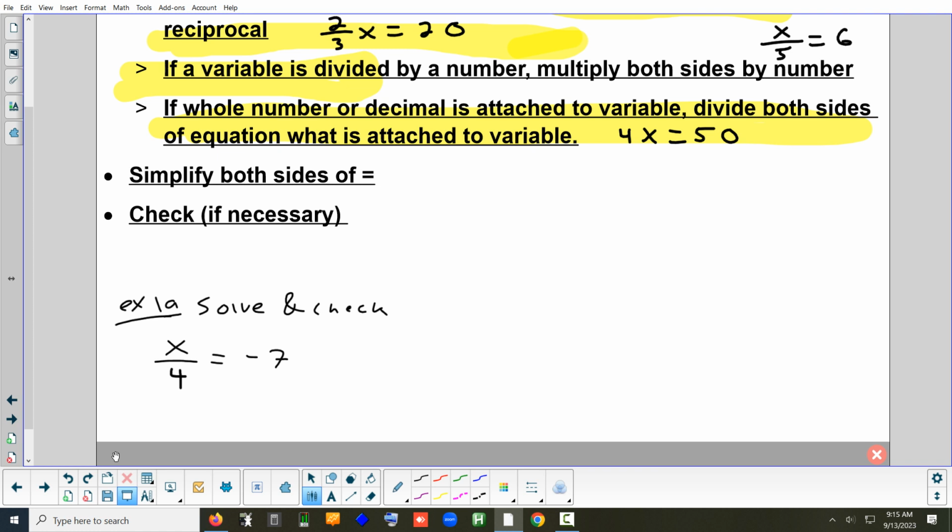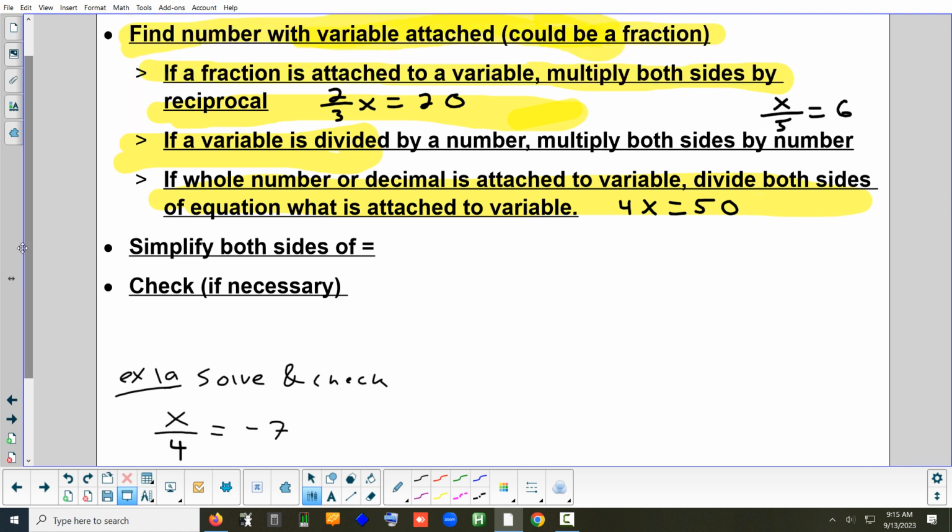The first thing I just want to do is identify which one of these it is. Let's consider these case 1, case 2, case 3, just to make it easier to talk about. X divided by 4 equals -7. Which case is that one?